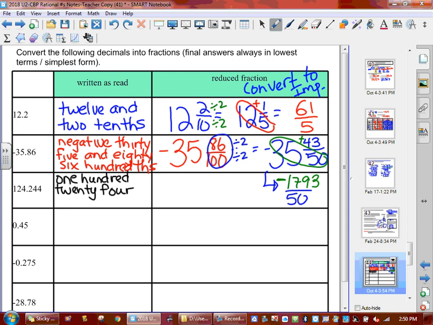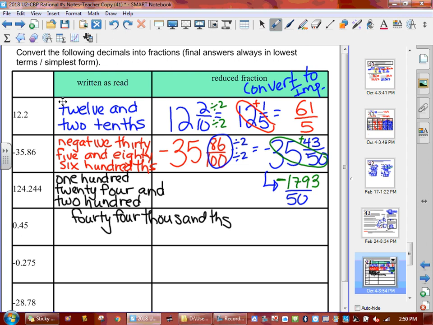So it's 124 and, there's our decimal, 244 thousandths. I write very big. Hopefully you write it and it fits in your box. Okay? If it didn't, that's okay.